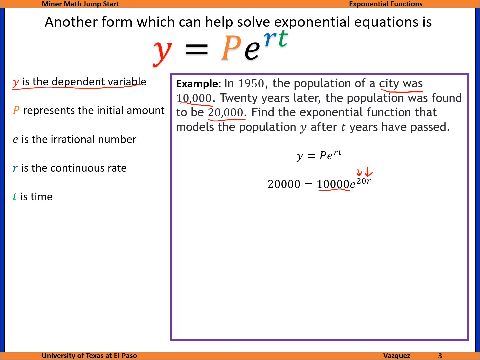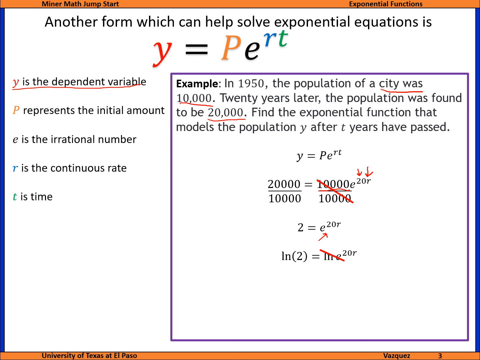So just like any other equation, we solve it by isolating the variable. We'll start off by dividing both sides by 10,000. We'll get that 2 is equal to e to the power of 20 times r. Now, if you remember, the way to get rid of this e is to apply the logarithmic function to both sides. If we apply ln to both sides, ln and e will cancel.